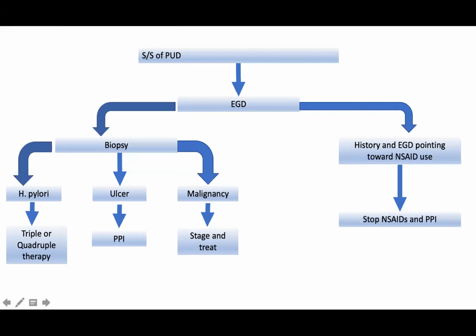So in this case, you will simply treat H. pylori, then confirm eradication. We'll come to that in a minute. It could be a malignancy, so cancer. In this case, you will stage the cancer and treat accordingly, either resect the stomach or chemotherapy, etc. If there is any other ulcer of unknown reason, simply start a PPI. Again, for all of them you will start a PPI, but for this, there is no reason to tackle, so it's only going to be a PPI.